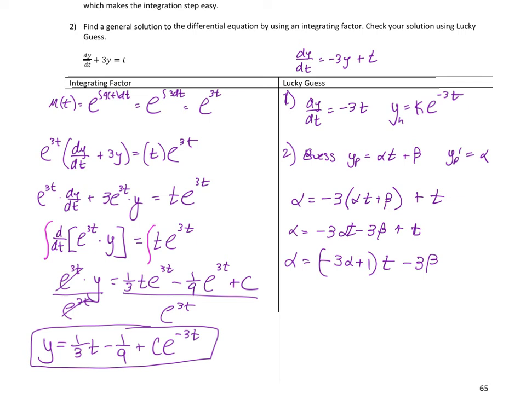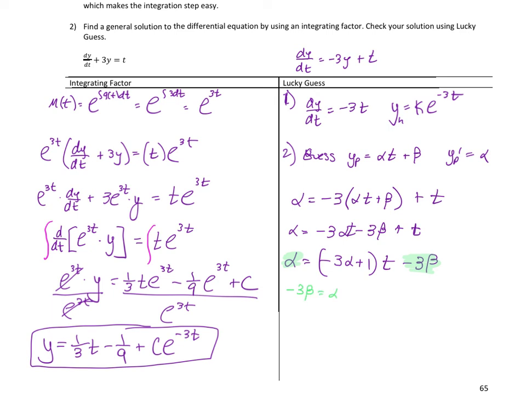And now I equate coefficients. So I should have a t term and a constant term on both sides. So my constant term on the right is negative 3 beta, and my constant term on the left is alpha. They have to be equal. Negative 3 beta has to equal alpha.